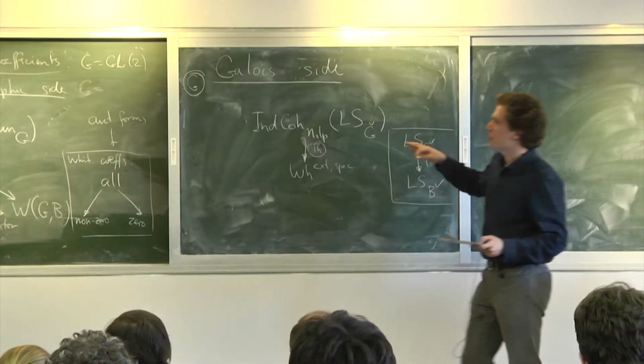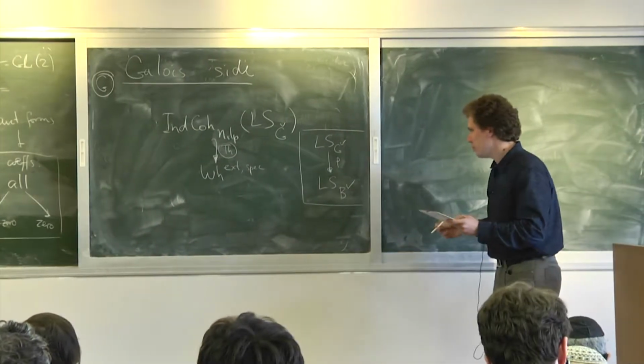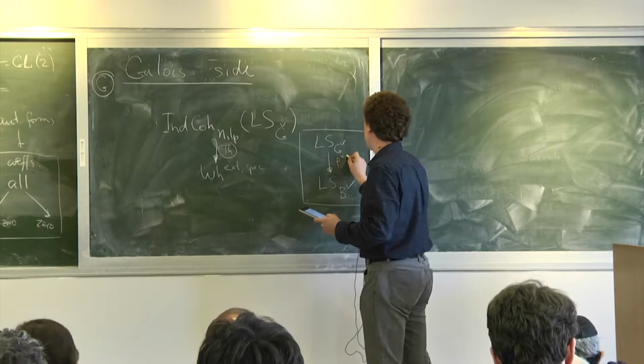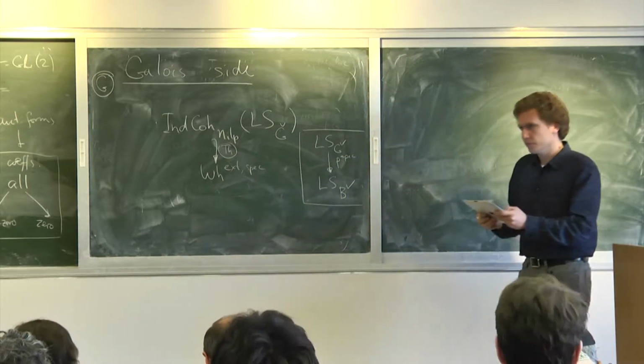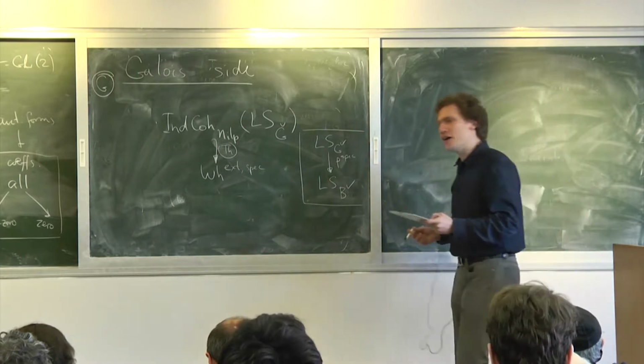And remember, I'm assuming that my group is GL2, so I don't have to worry about other kinds of parabolic. I guess I was denoting it by P spec.